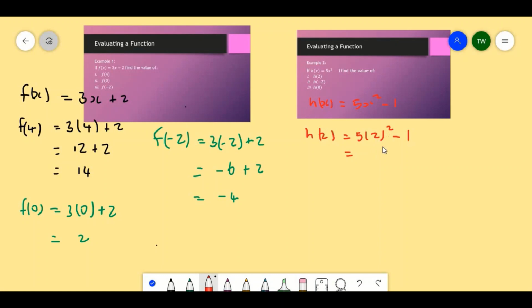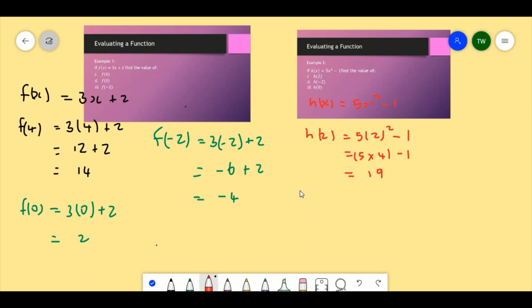You must do the exponent first. So it's going to be 5 times 2 squared, which means 2 times 2. So 2 times 2 is going to give us 4. Minus 1. So 5 fours is 20, and 20 minus 1 is just 19.